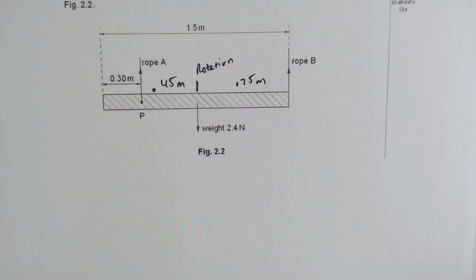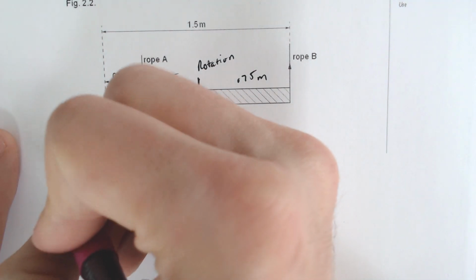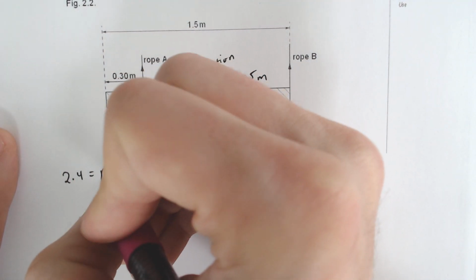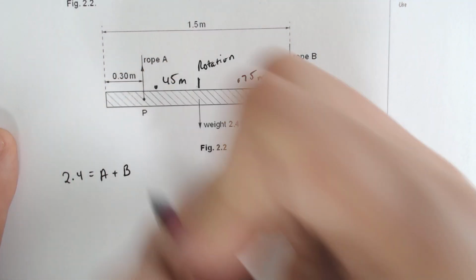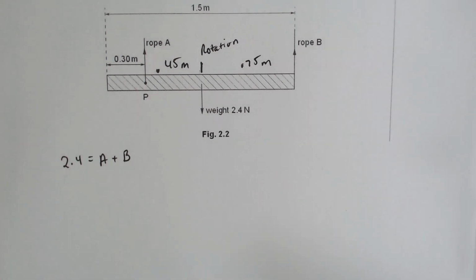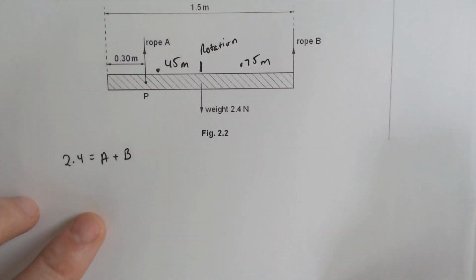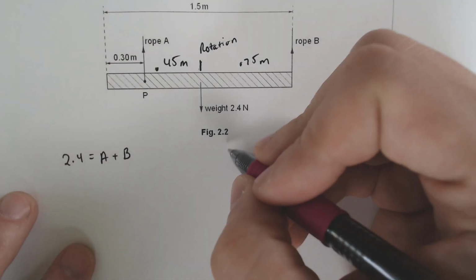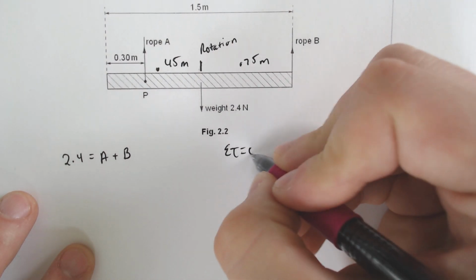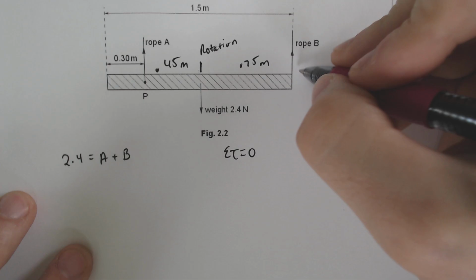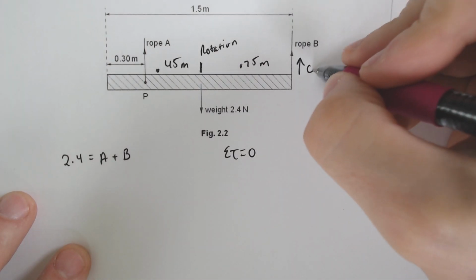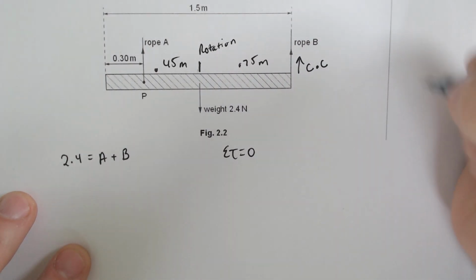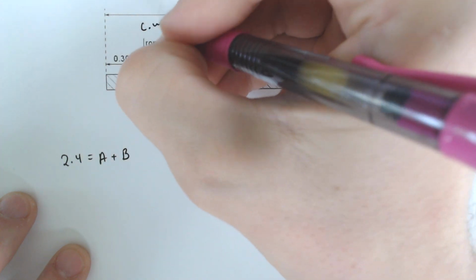Now because it's in rotational equilibrium and translational equilibrium, that means that 2.4 is going to equal the force of A plus the force of B, or the tension in A and the tension in B, which is not going to enable us to solve for the tension of A or B. But we can also recognize that the sum of all torque has to equal 0, and B is going counterclockwise, and A is going clockwise.